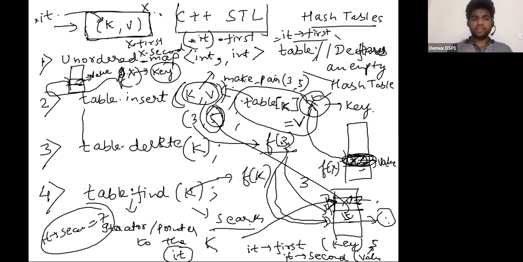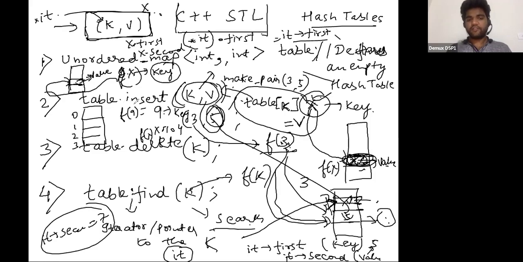See, this table is, let's say, 0, 1, 2, 3. Let's say size 4. Now you have 9 coming in. Let's say f of x is x modulo 4. So 9 is the key here, and f of 9 is the index where you go. f of 9 is 9 modulo 4, which is 1. So you go to 1.